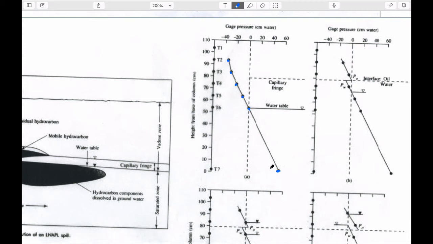then would you be able to interpret physically what's going on here? We have these pressures measured, we could draw a straight line through them. We know that by definition, the definition of the water table is where the pressure is atmospheric. So atmospheric is a gauge pressure of 0 centimeters of water, right?